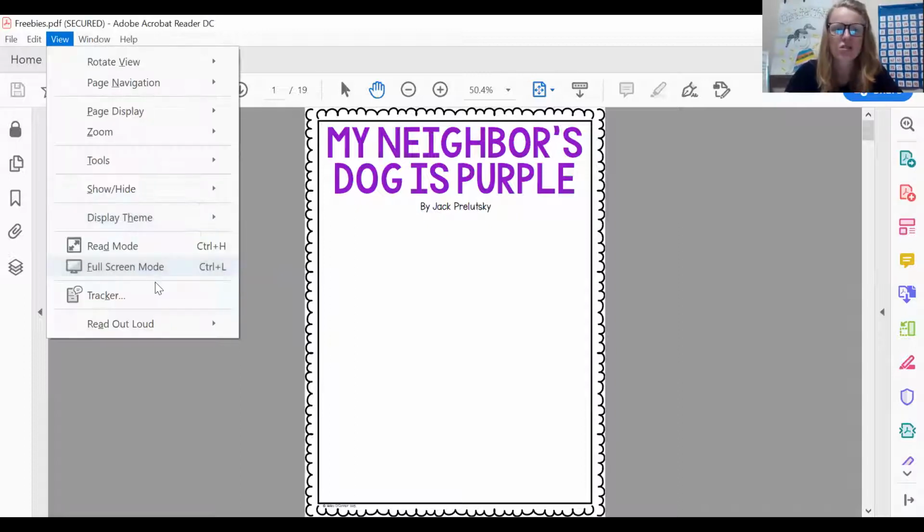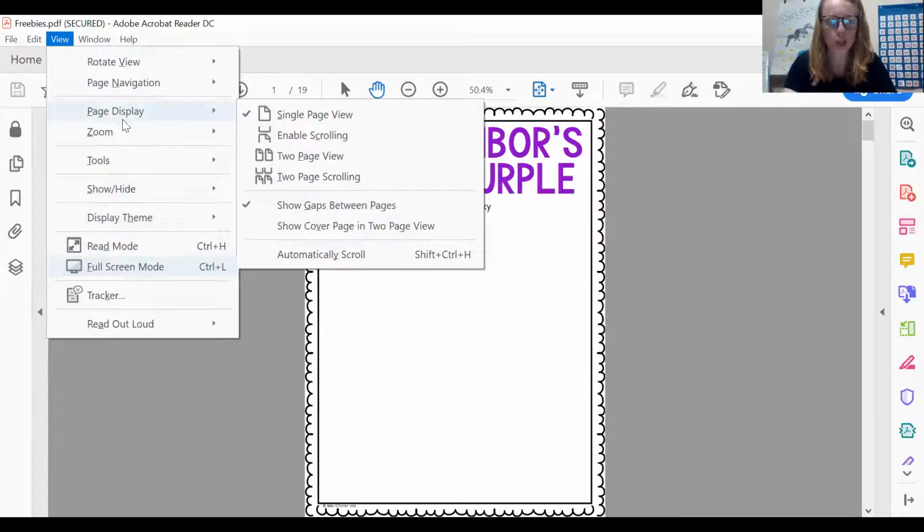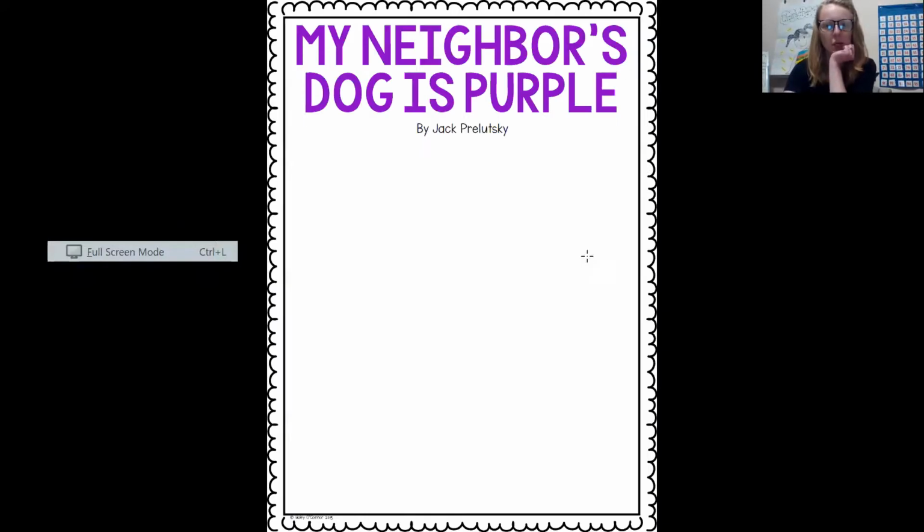My neighbor's dog is purple. So right here where it says number 1, draw what you think a purple dog would look like. A purple dog. That is so silly. So go ahead and pause the video and draw your picture.